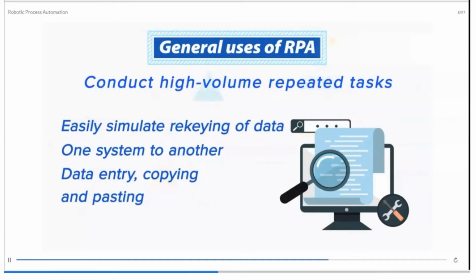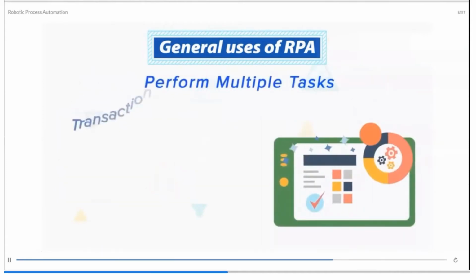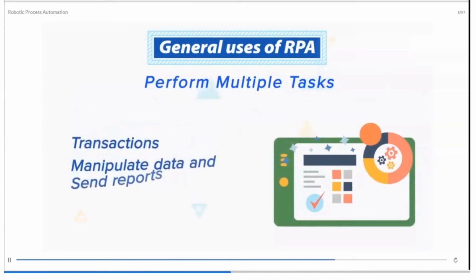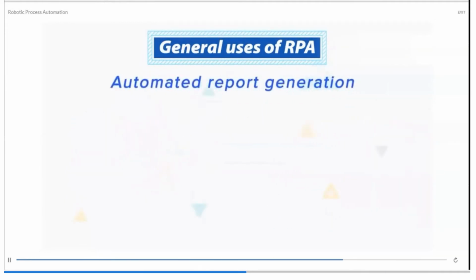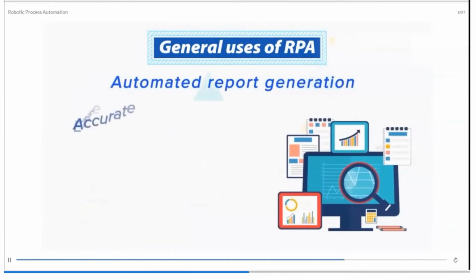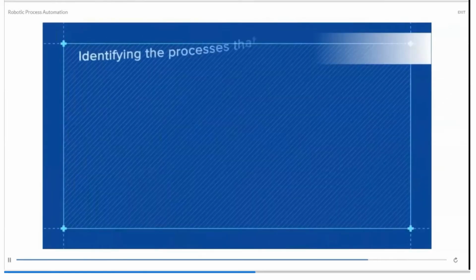And the third, a very major application, is that it performs multiple tasks. In the sense that parallelly it can do transactions, manipulate data, as well as send reports. And automation can be done on generating the reports. That is automated report generation. Once the data is scaled, it can give accurate, effective and timely reports.